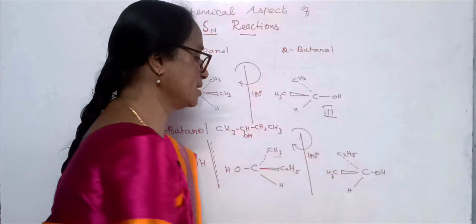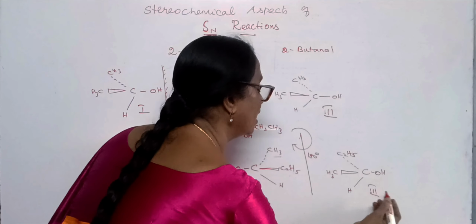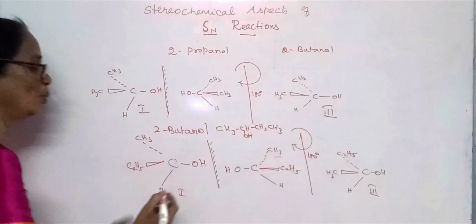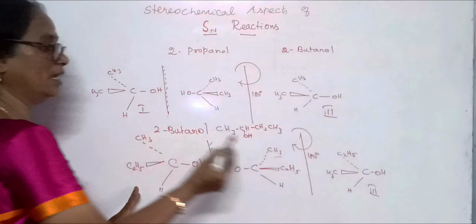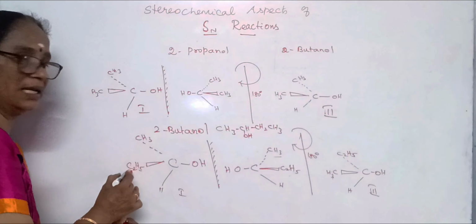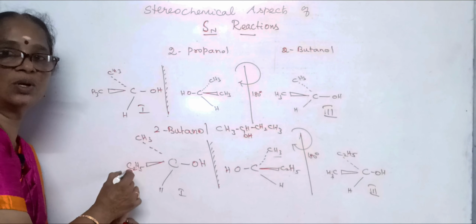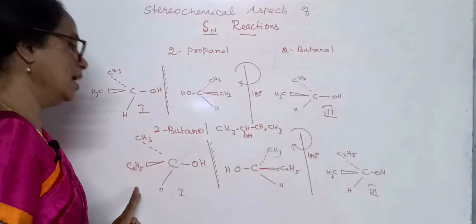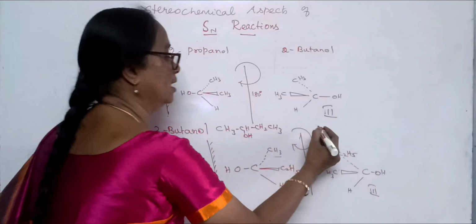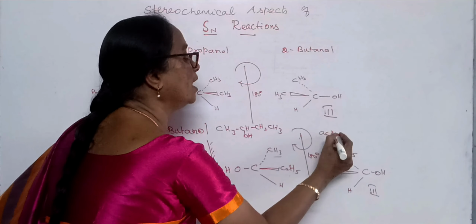Now structure 3 can be placed over 1. We find the ethyl over methyl and methyl over ethyl. It seems the molecule and the image are non-superimposable, and hence 2-butanol is an optically active compound.